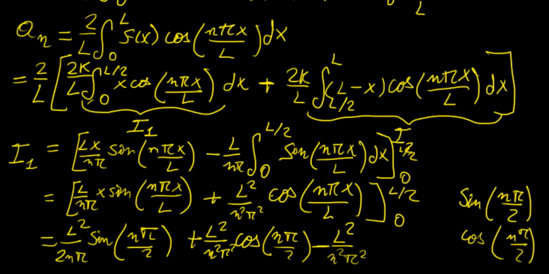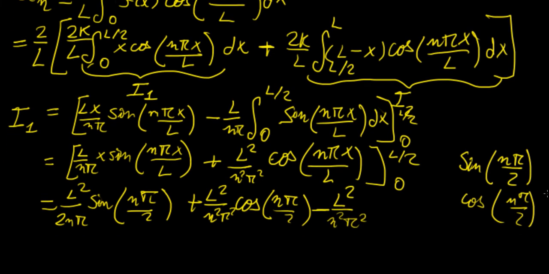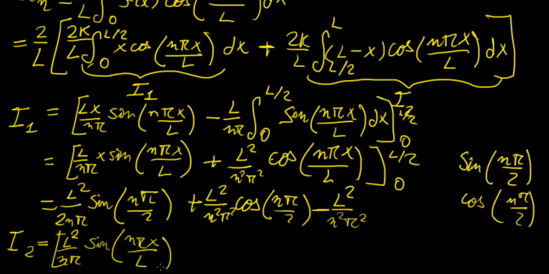Now to evaluate integral 2, we're going to apply the same sort of procedure. We need to use integration by parts. So for integral 2, we're going to get L squared over n pi sine n pi x over L. So that's this integral here, because basically we're going to separate this by using the sum of integrals, and then we're going to combine the results.